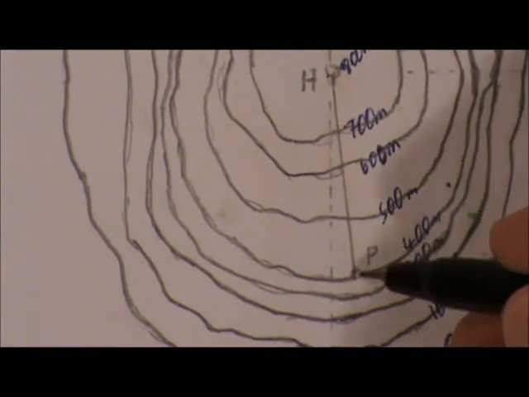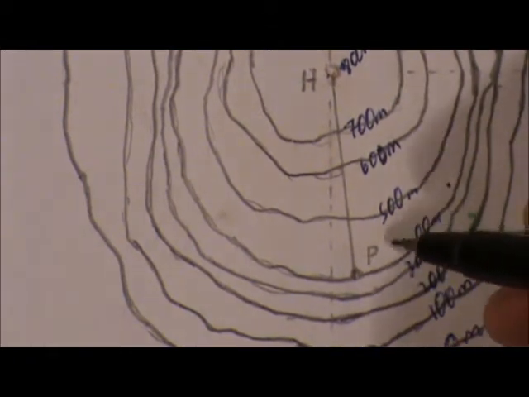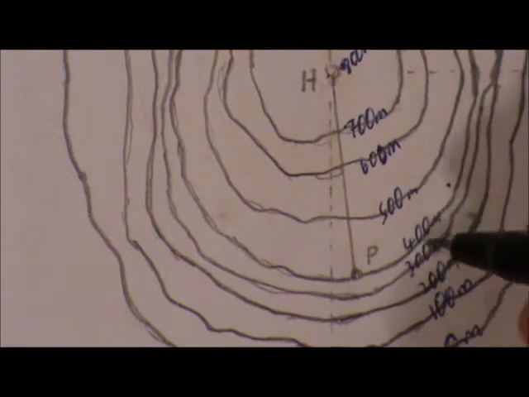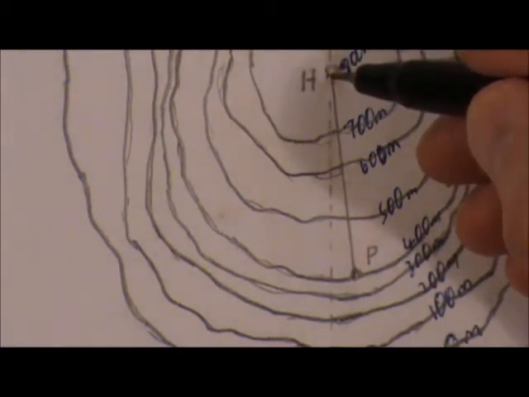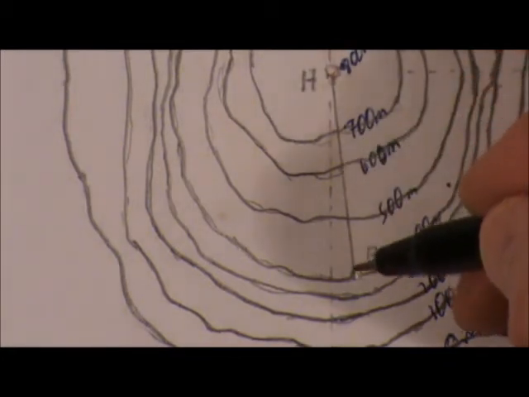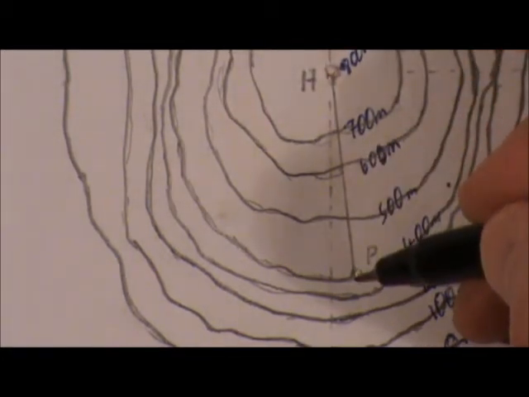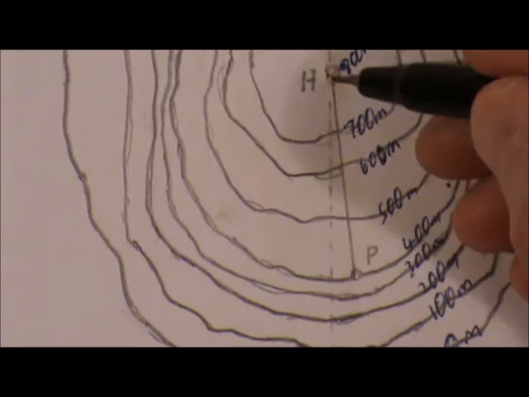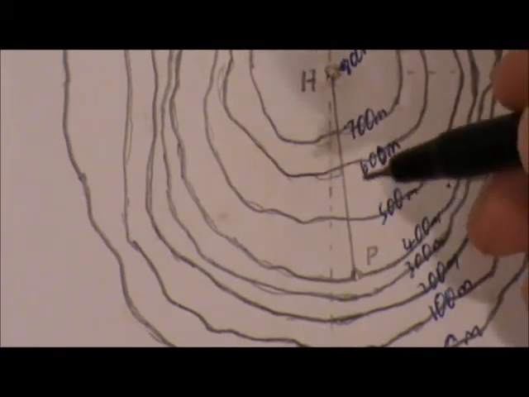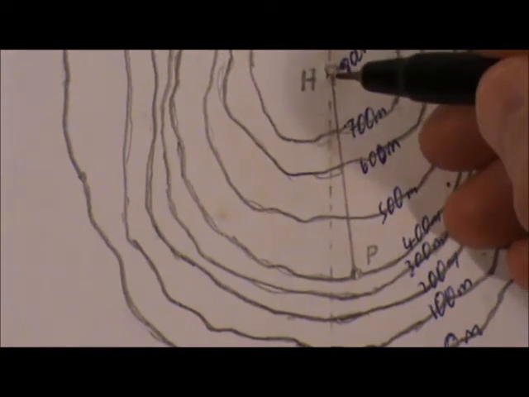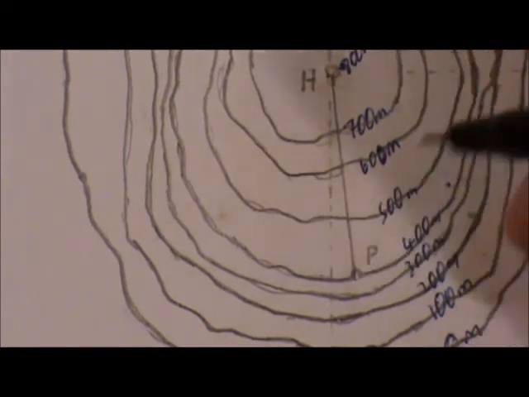We had the power pole located 400 meters above sea level, and from the home stretches a power line all the way down to 400 meters. And we want to determine the length of that power line. So what we did is we grabbed a ruler and measured the horizontal distance from the house to P.